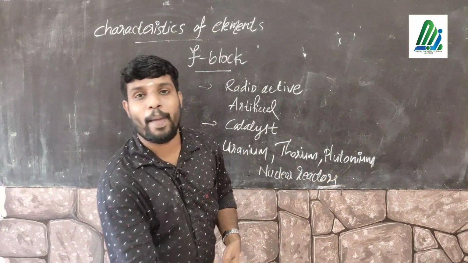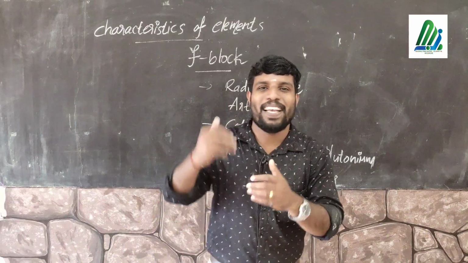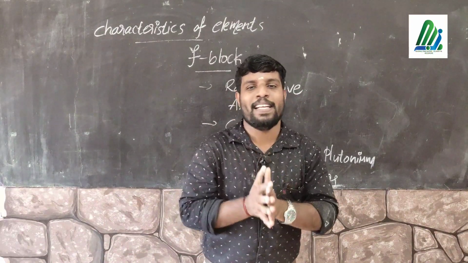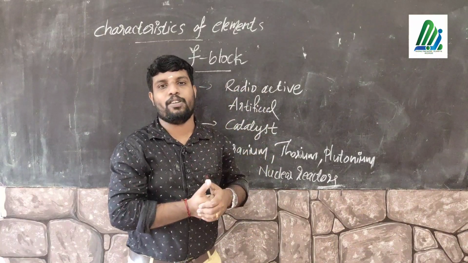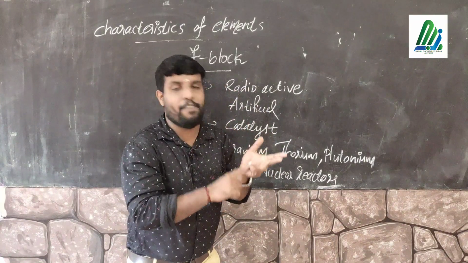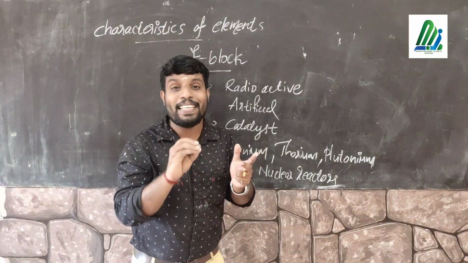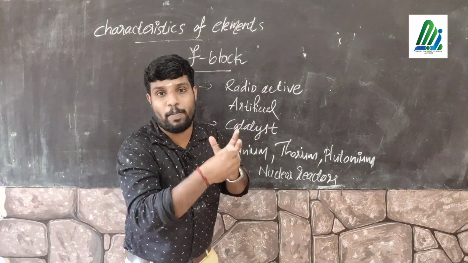So these are the main topics we covered in this chapter, the periodic table and subshell electronic configuration. First of all, we discussed the subshell electronic configuration of elements and the special cases 24 and 29, and the reason for their special nature.